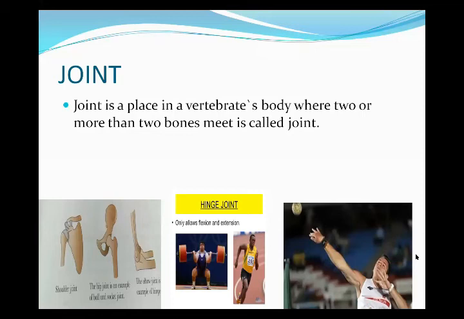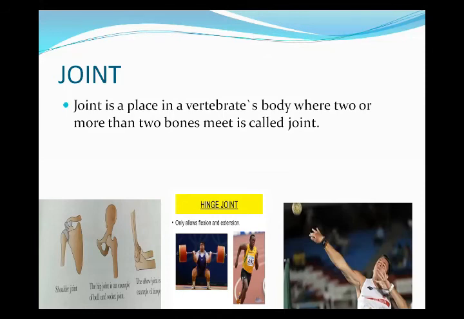It moves only in one direction. When you go to the gym to perform your exercise and you lift the weight, you use your elbow joint, that is the hinge joint. When we lift the weight, we use our hinge joint, which moves only in one direction.